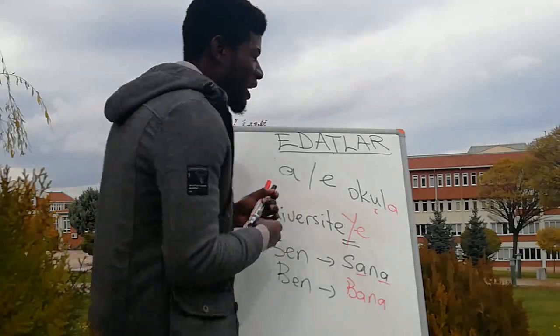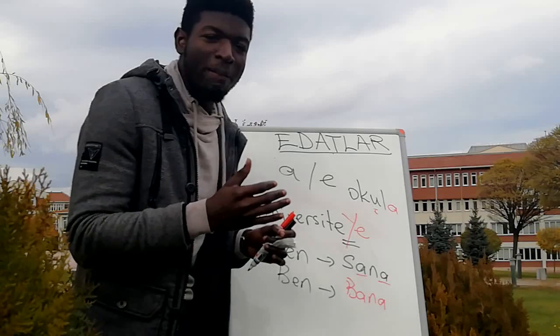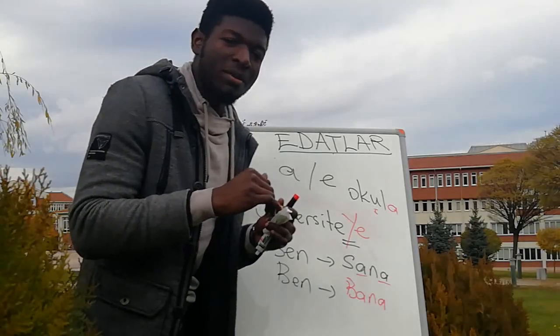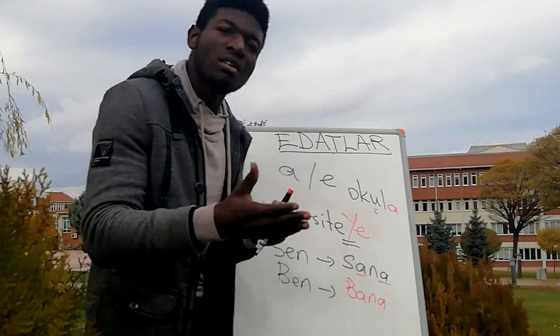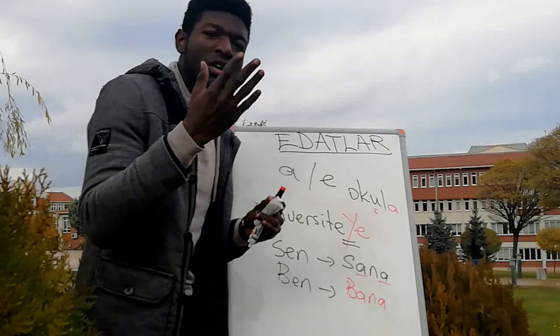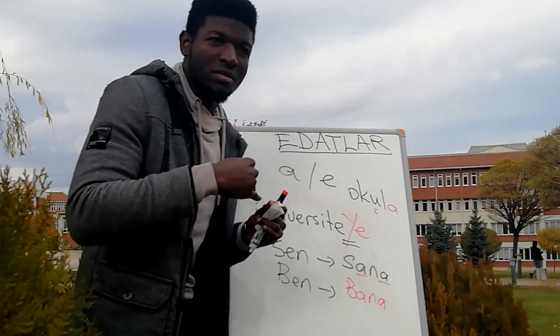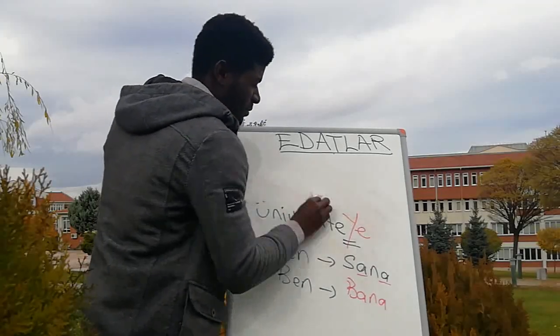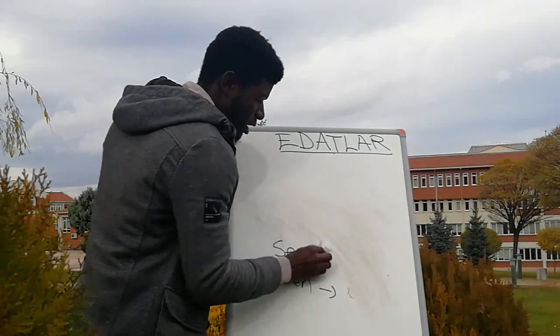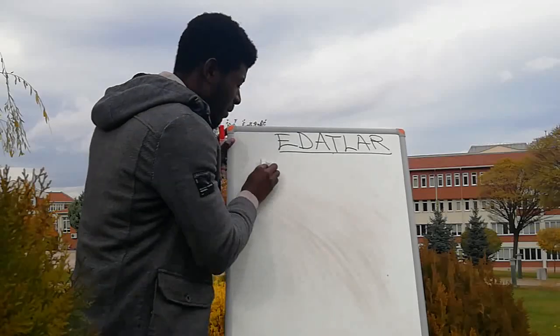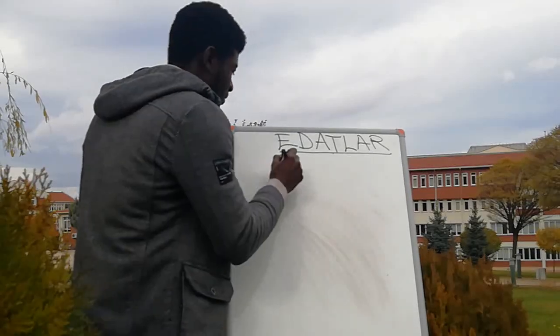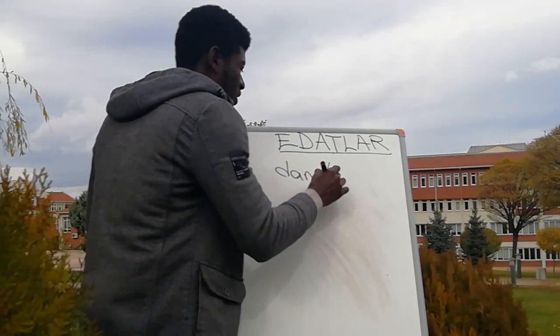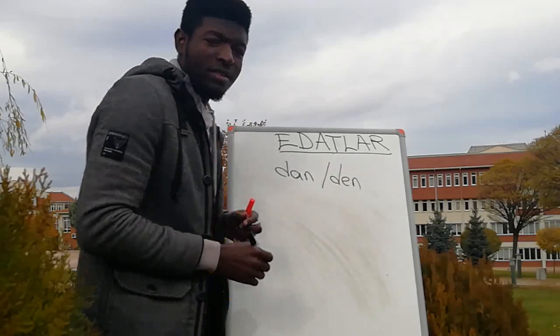That's all about that. Now let's come to the last step. If you want to say something from somewhere, from some places and so on, how do we say that in Turkish? We use dan or den.